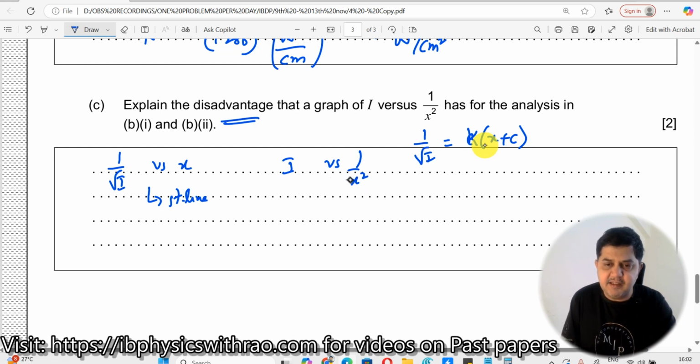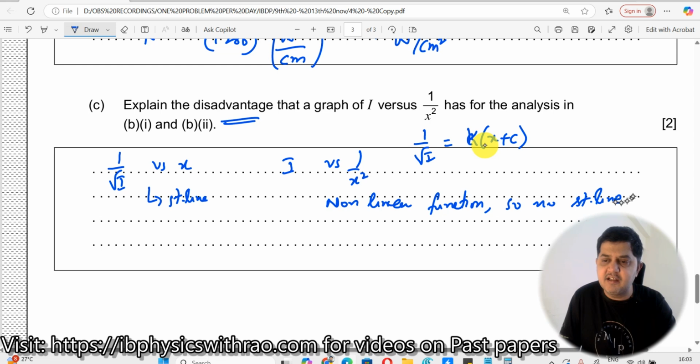But when I do something like this, I will not get a straight line equation because it is a non-linear function. So no straight line is obtained for analysis. So first one we can see.